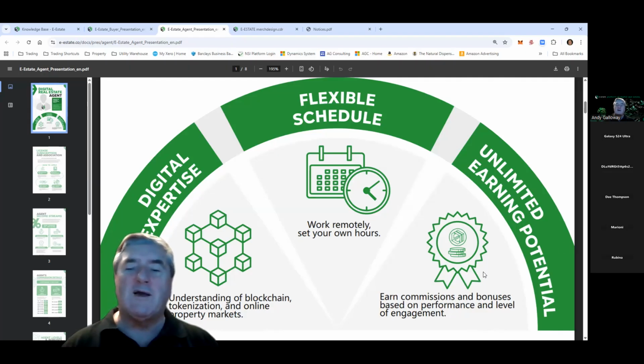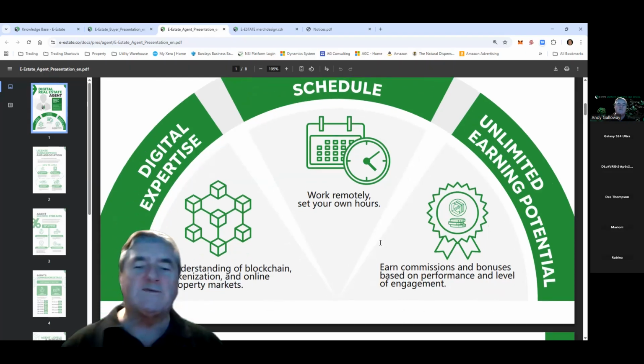And you literally have unlimited earning potential because there's more property available in the world. There's more property available to be brought into this system than you can possibly outwork. It doesn't matter how hard you work, how much money you make, there will always be some more properties that we can bring in for you to make even more money on. So there really is unlimited earning potential in eEstate.